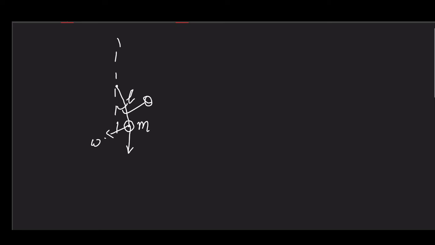So what we can write is theta dot is equal to omega, and for omega dot, m omega dot L square. What is this?